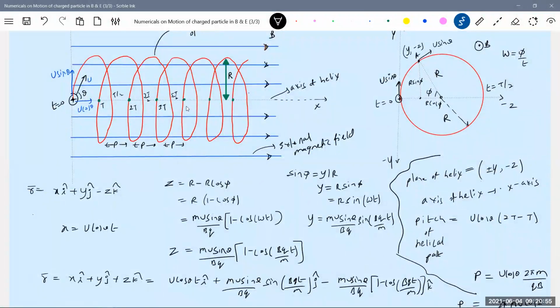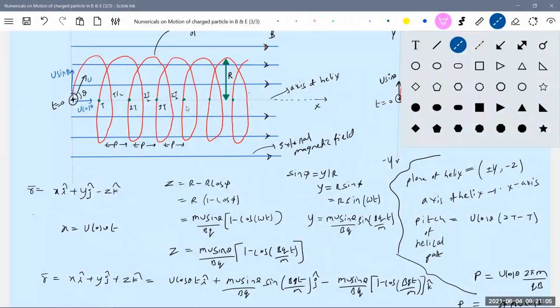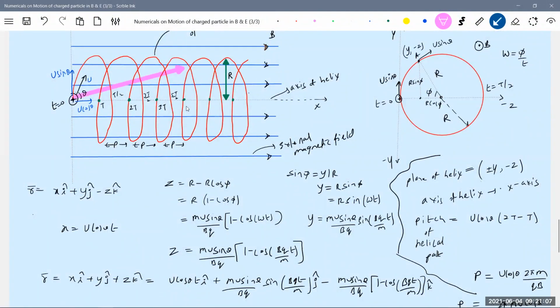So sir, can you show that R bar in the diagram? Where is the R bar in the diagram? I think I'm going to mess up the diagram. Let's see, this R bar is the position vector, the position of the particle at any time t. I'll go for one more diagram.